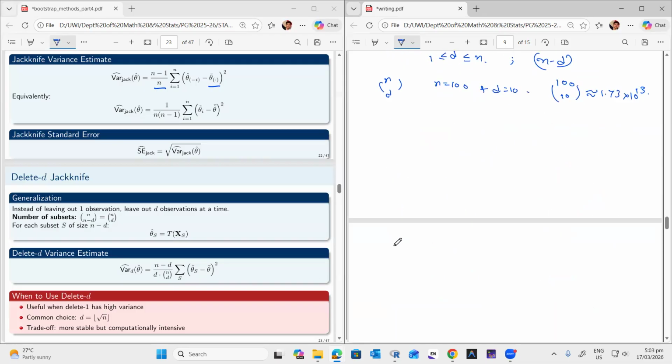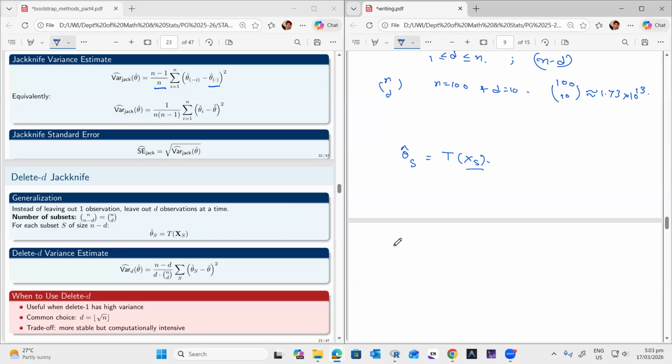So for each subset S of size n minus d, we compute theta cap S, that is basically T of X_S. Here S denotes a specific subset of indices, the observations we are going to retain, and X_S denotes the corresponding data set, and theta cap S is the estimator computed from that subsample.